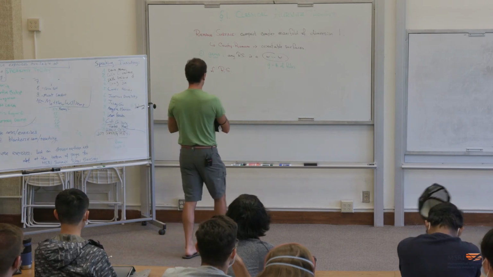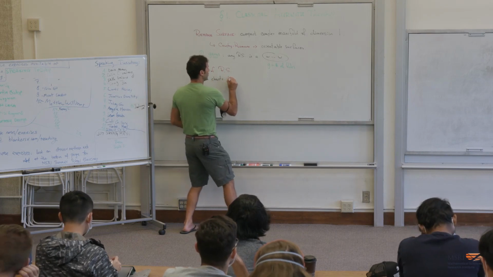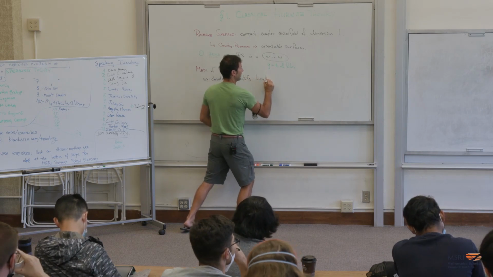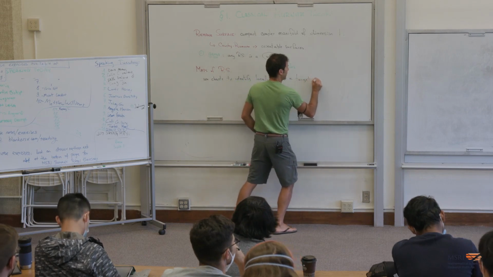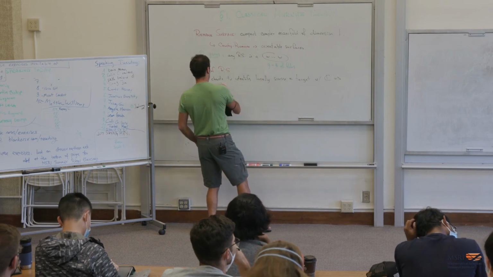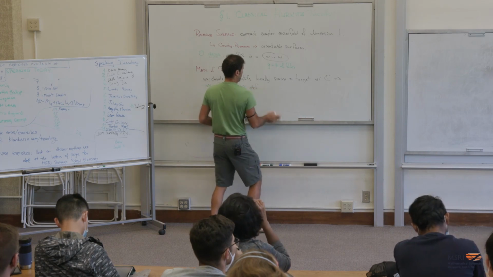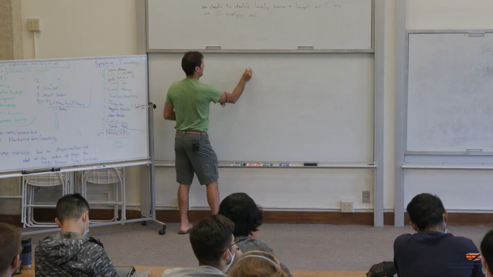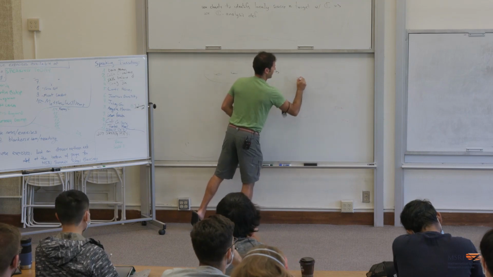So for a map of Riemann surfaces, you use charts to identify locally source and target with C, and then use the complex analysis definition. So maybe let me draw a picture.